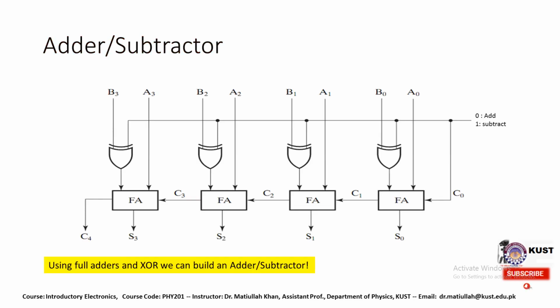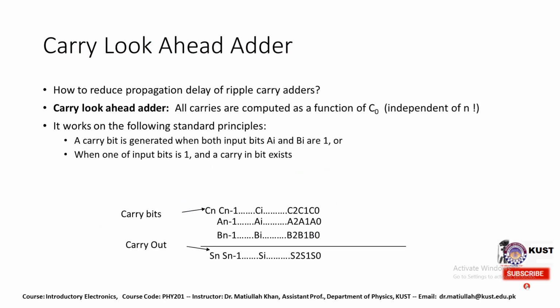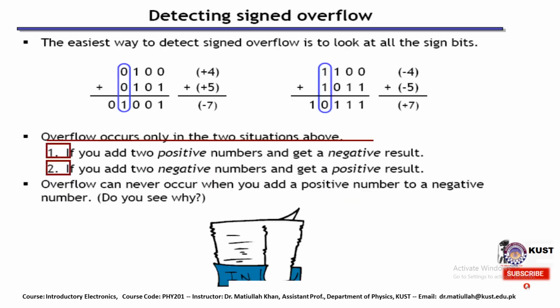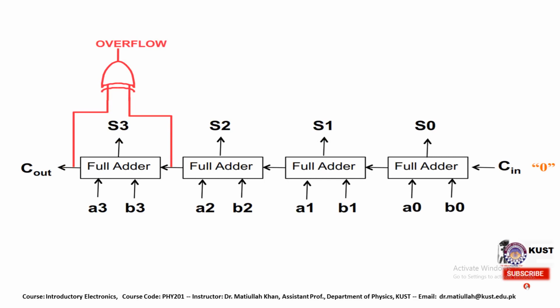So this is again the simple thing where adders and subtractors are used, and that could be maintained in the form of circuit diagrams. This is again the ripple carry depicted here. So how we can add up the values is the binary arithmetic, that is, addition and subtraction. Overflow is also part of that, where we can maintain the output.